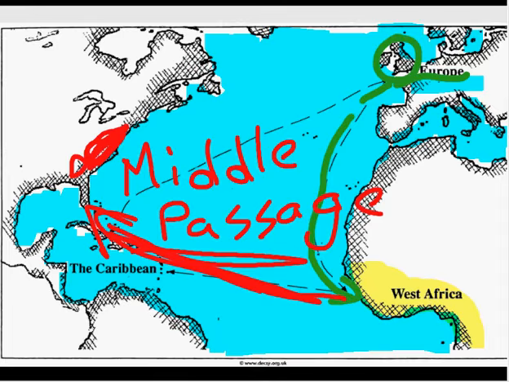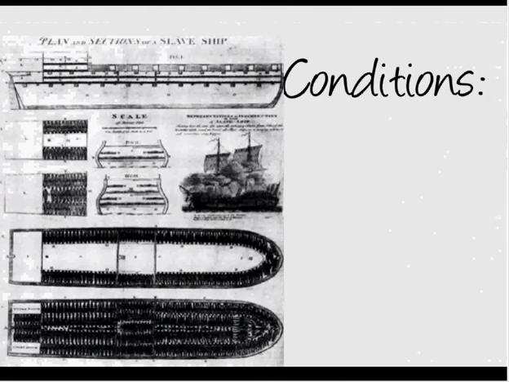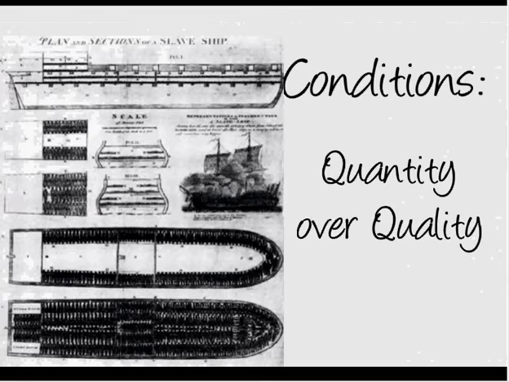Now let's take a second to look at the conditions on the slave ships. The slave traders, they really had two competing ideas, quantity or quality. And what I mean by that is, quality would mean a ship with just a few slaves on it would come over and pretty much every slave would survive and you'd sell them once you got to the New World.